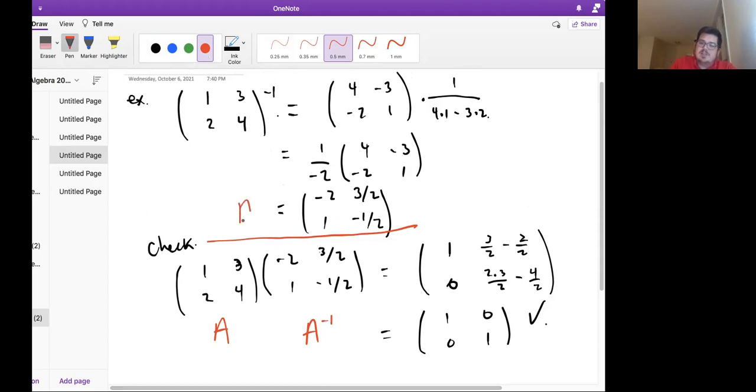So this is A inverse here, and this is A. You see that? These two matrices were multiplied to get this matrix. So this is A inverse.